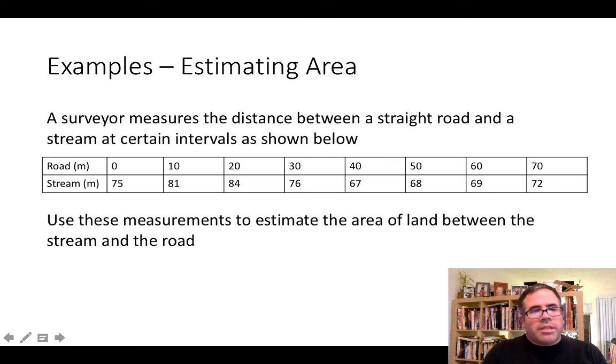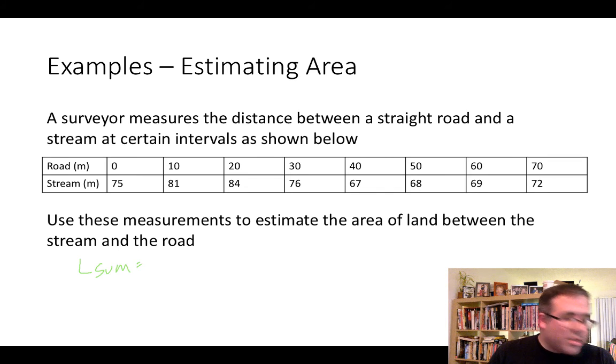We'll do this estimating the area. One thing I've been hinting at, and we can go back and check it, is that because it's the sum of averages, the sum of averages ends up being the average of the sum. So one of the shortcuts on the trapezoidal rule is if you've already done the work, if we want to use the trapezoidal rule on this, we already did the work in the last video finding the left sum, which was 5,200 in this case.